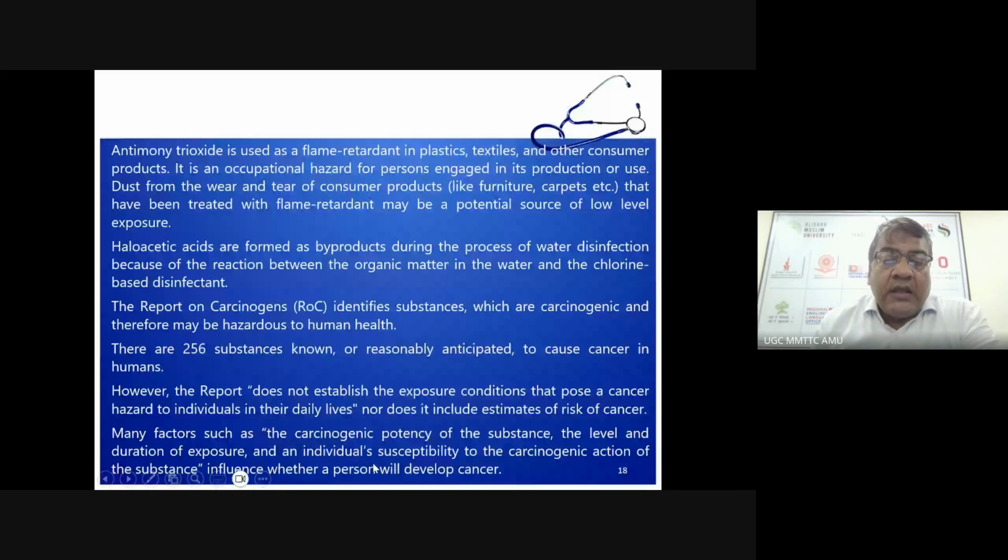Number 2, an individual's susceptibility to the carcinogenic action of the substances influences whether a person will develop cancer or not. So these are the factors: carcinogenic potency of the substance, level and duration of exposure, and individual susceptibility.